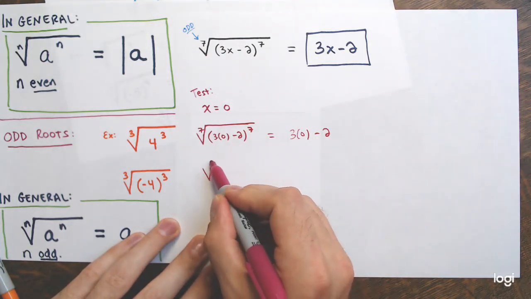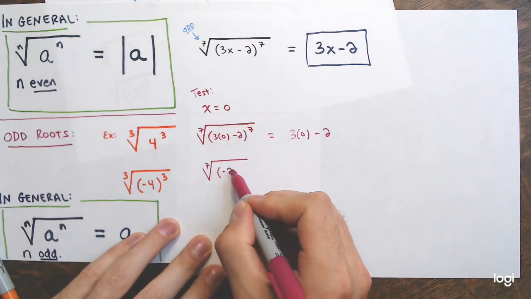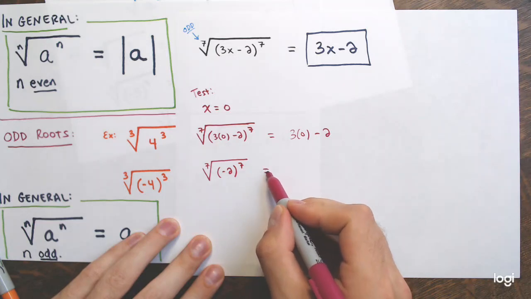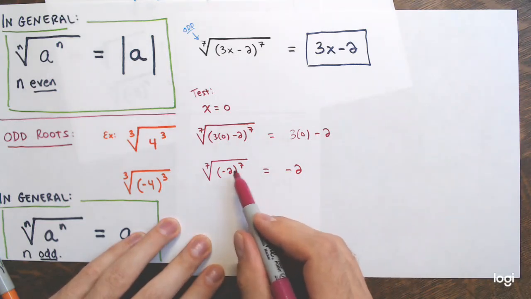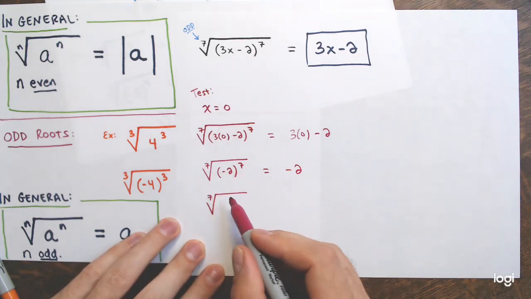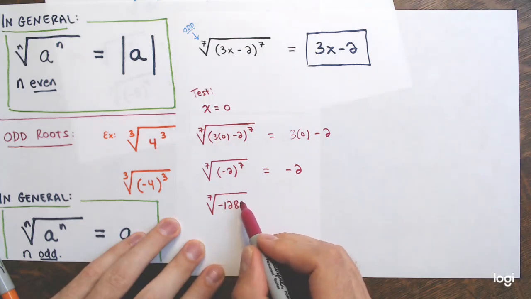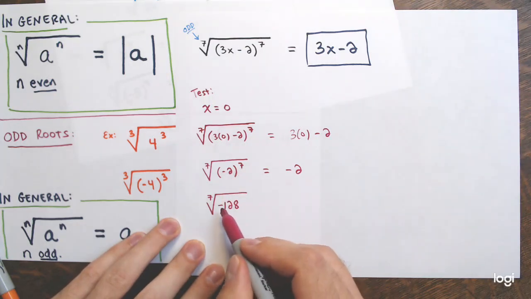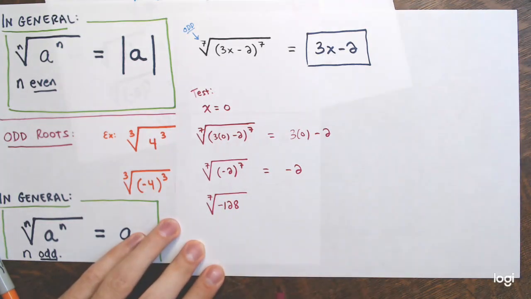This would just be the seventh root of -2, right? 0 minus 2. -2 to the seventh equals, and over here is just -2. And -2 to the seventh, that's the seventh root of -128. Right? Again, negative number to an odd power is negative. Right? And 2 to the seventh is 128.